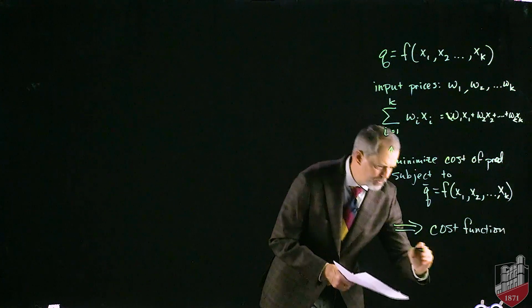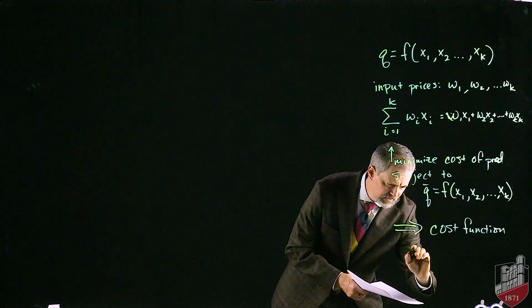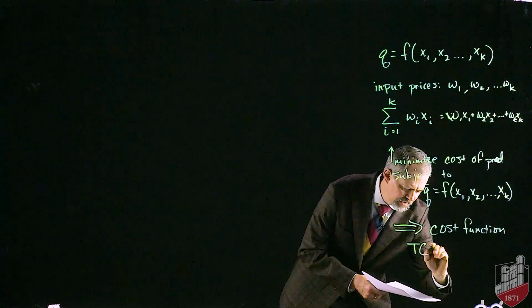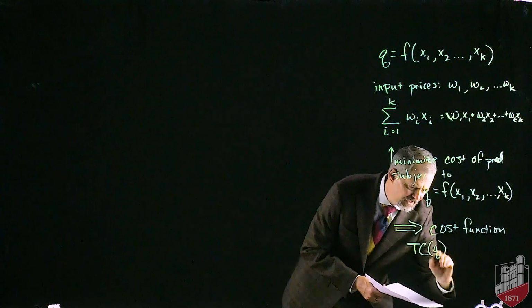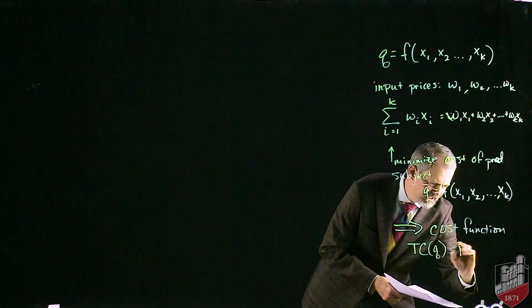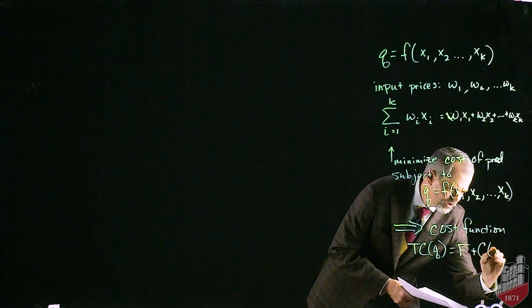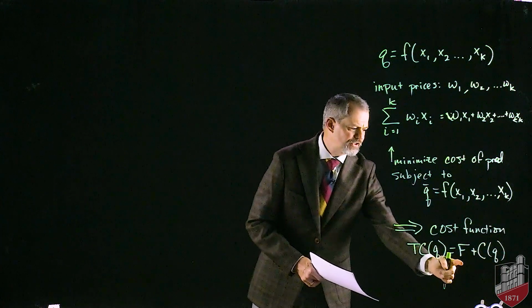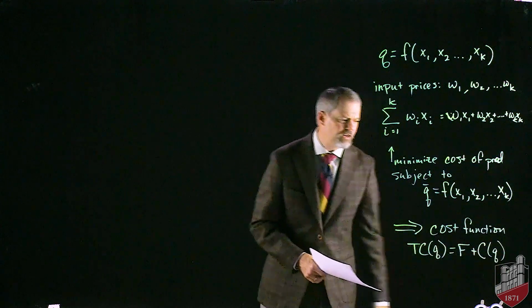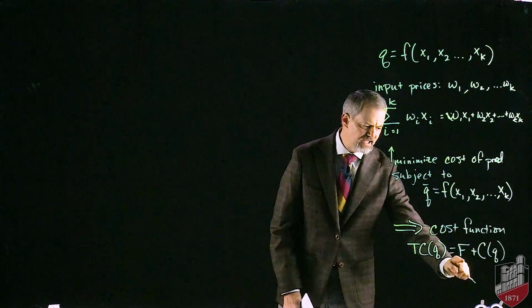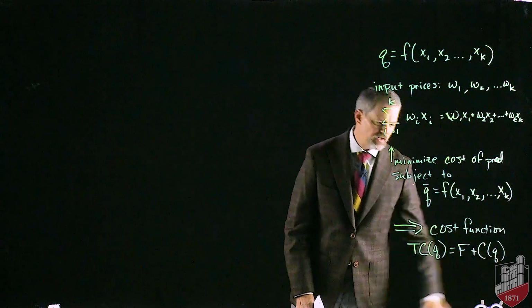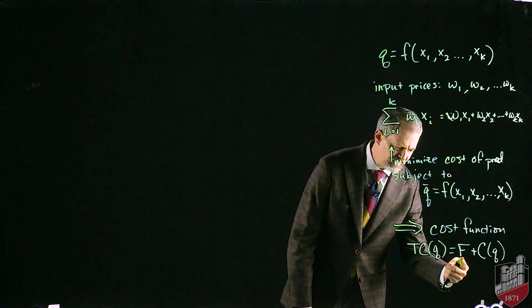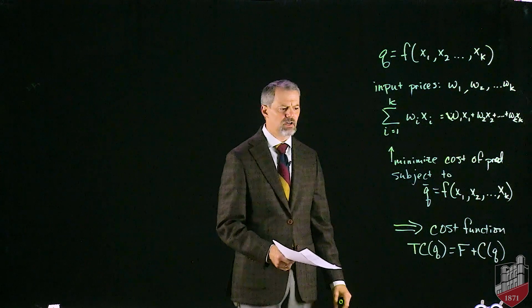A lot of times I might write it as, let's say, the total cost of producing any level of output is equal to F plus C of Q, where F here is just our fixed cost and this would be our variable cost. This is not a function of Q. That part is. Obviously, that's what makes that the fixed cost, and that's our variable cost.